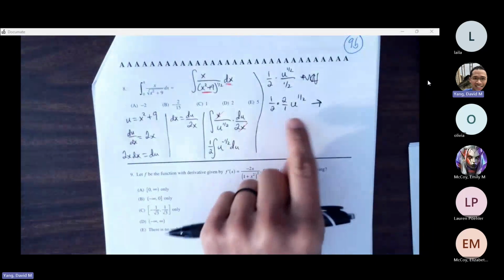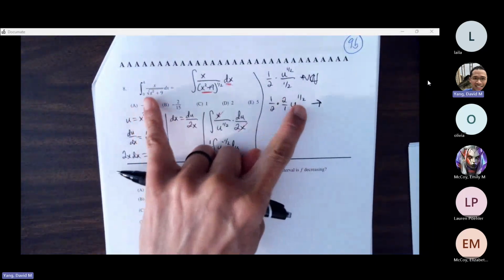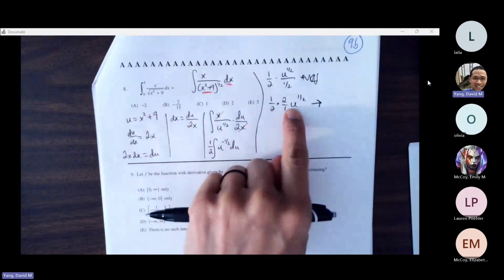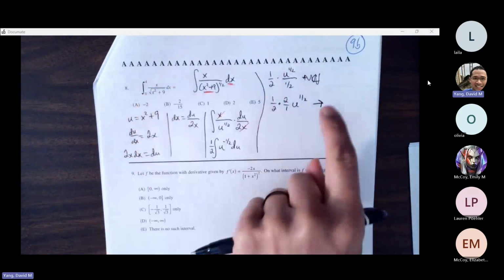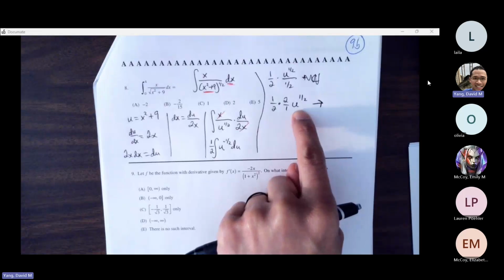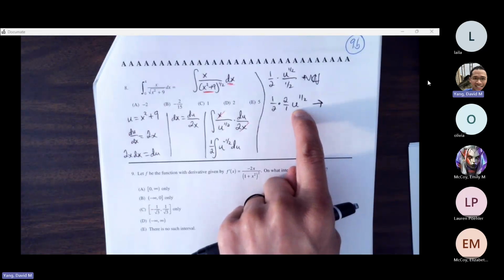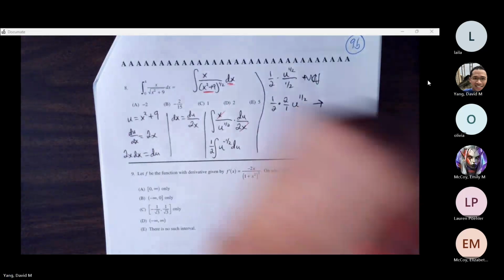We're ready to involve the bounds, but right now there's a mismatch of variables. We want to bring this back in terms of the variable that we're working with. So let's bring back our x variable. Let's bring back x squared plus 9 and make it to the 1/2.